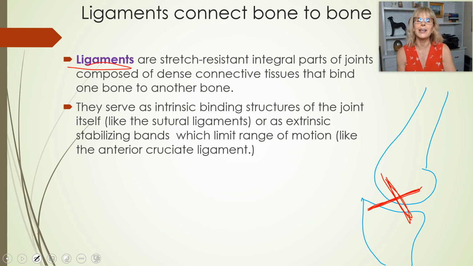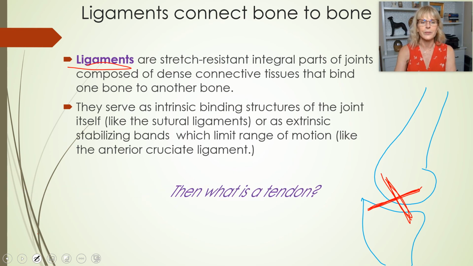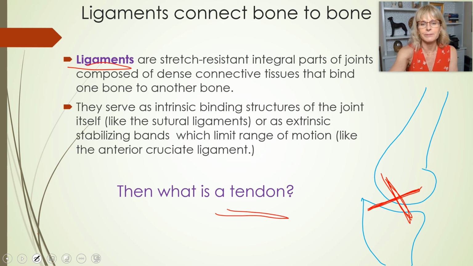I mention knees because people at your age, high school and college, statistically have the most experience with knee injuries. Okay, so that's what ligaments are. Then what is a tendon? Tendons attach a muscle to a bone. So at the end of the biceps muscle, it's going to get attached right there to your radius.